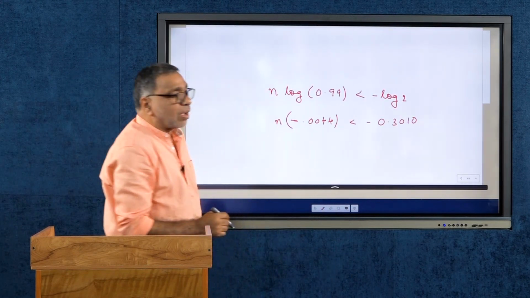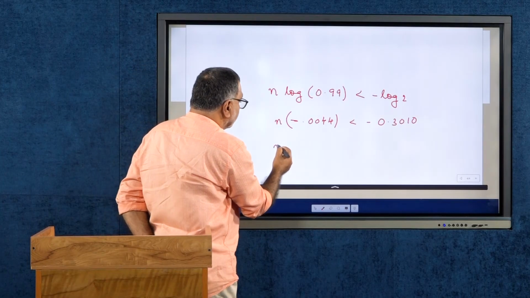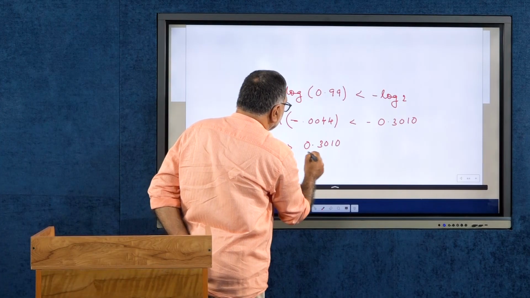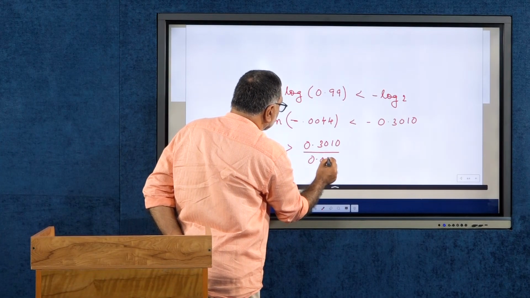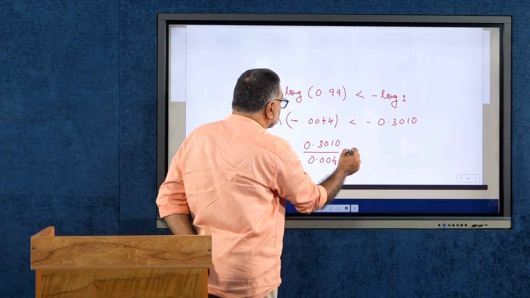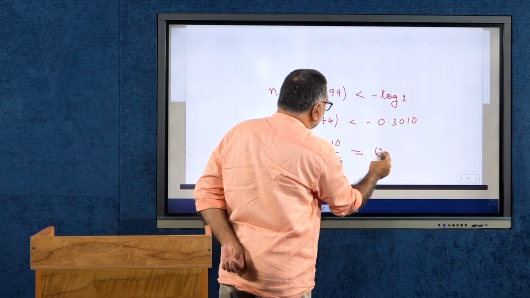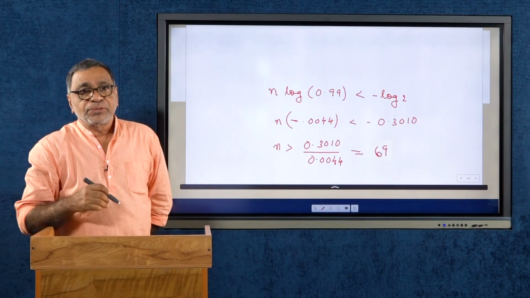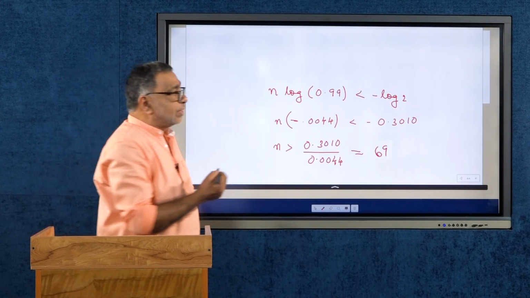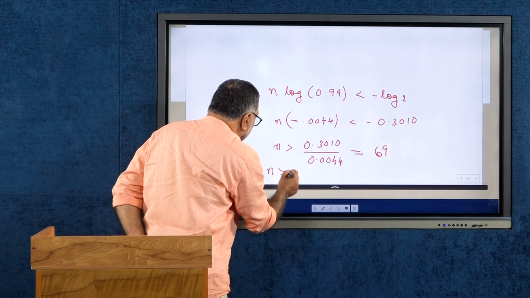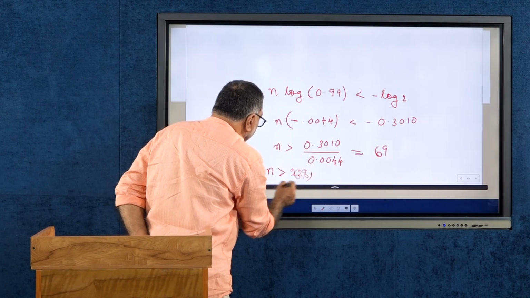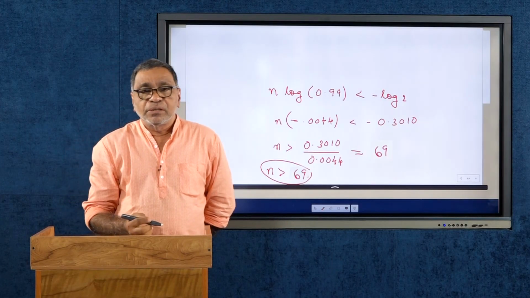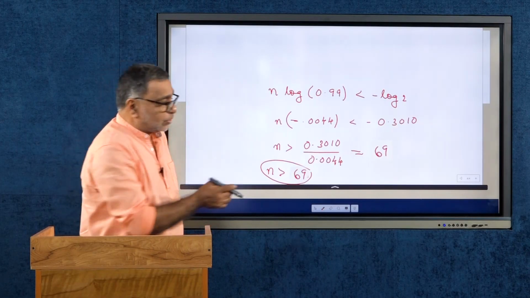So that is the value. That means n is greater than 0.3010 divided by 0.0044, and that is approximately equal to 225. So whenever n is greater than this number, our criterion is satisfied.